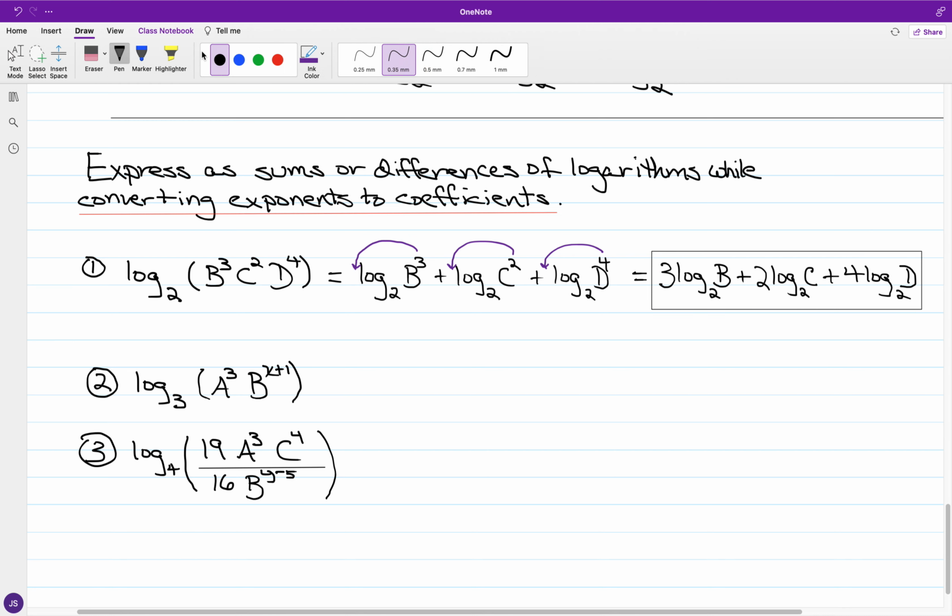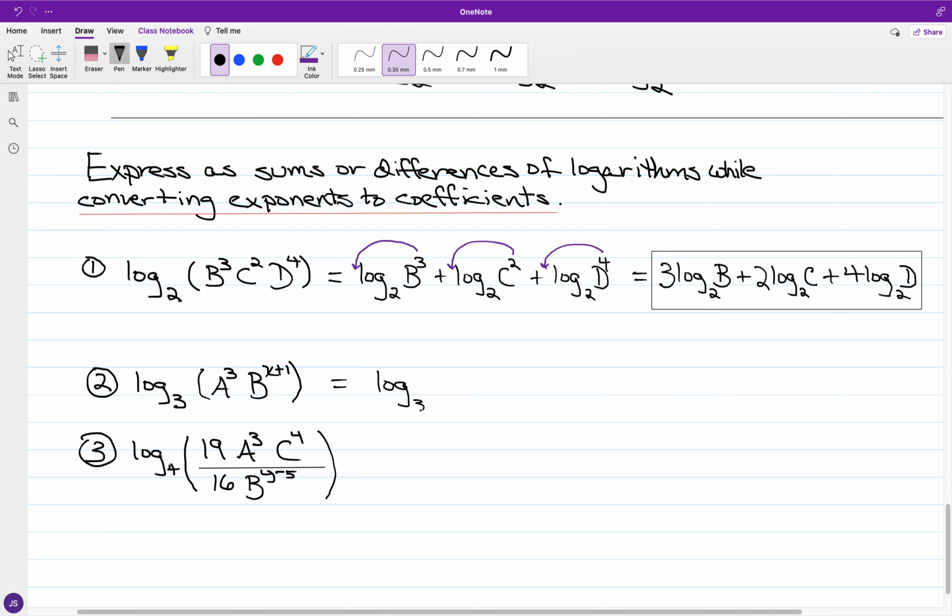Now, for what we have in the second item, it is pretty much similar in nature, but this time we have b to a variable expression power, and we still have multiplication happening between a cubed and b, which is raised to the x plus 1 degree. And so just breaking up the multiplication and rewriting as the sum of base 3 logarithmic terms.